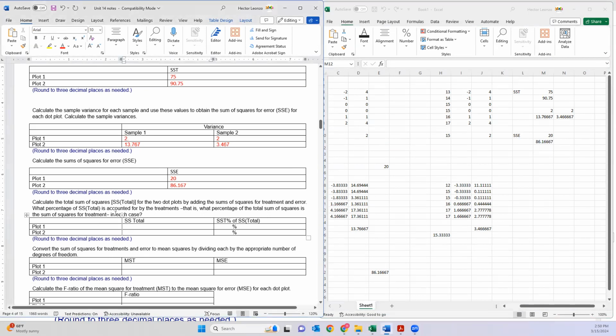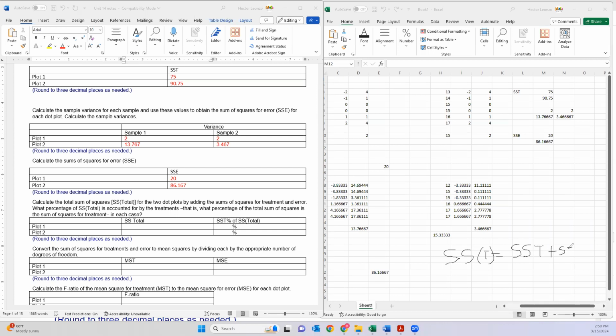what I have to do, let me write it here. I'm gonna say my SS total, so I'm gonna do a T here, is gonna be equal to my SST plus my SSE.